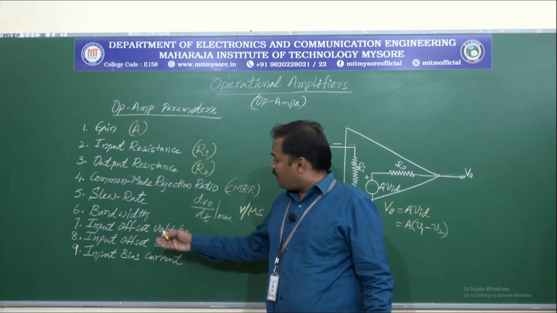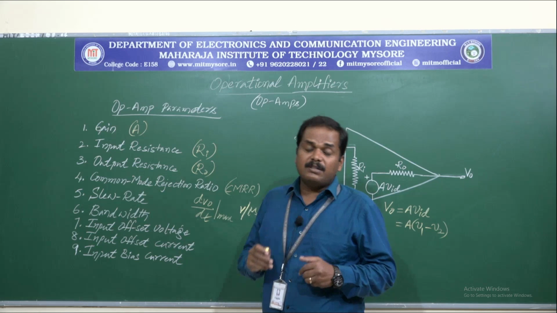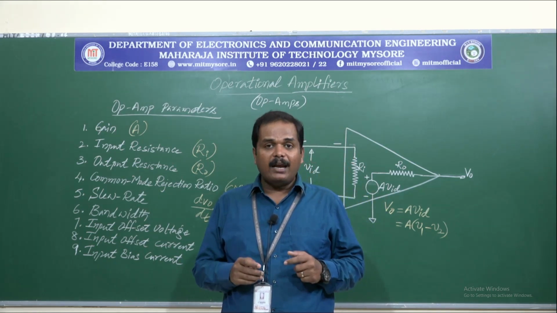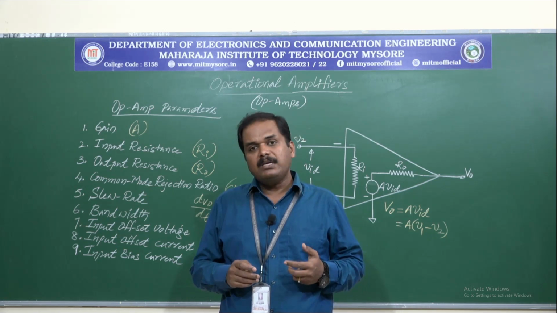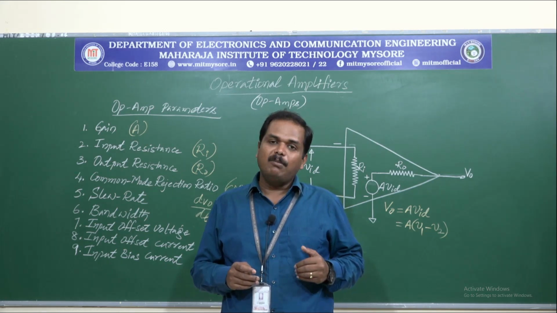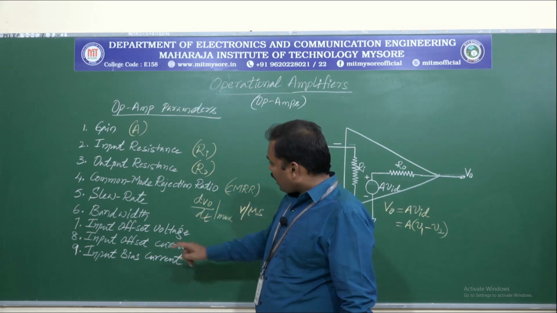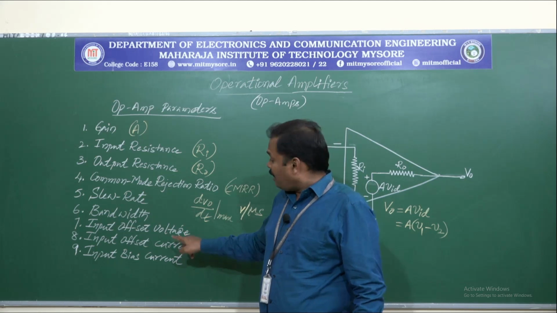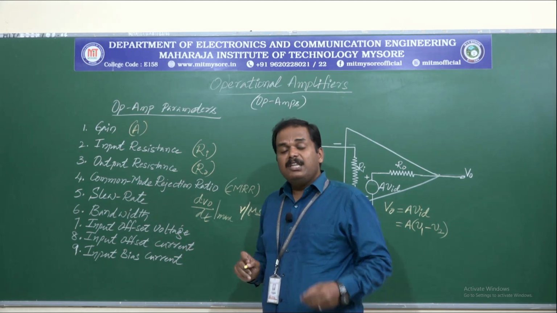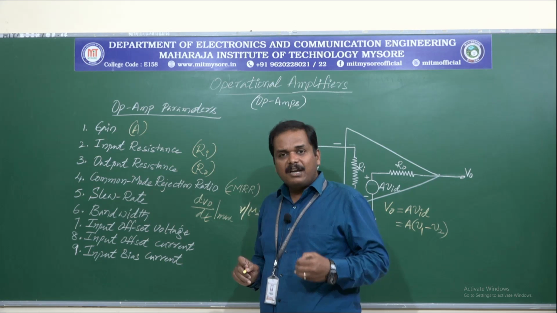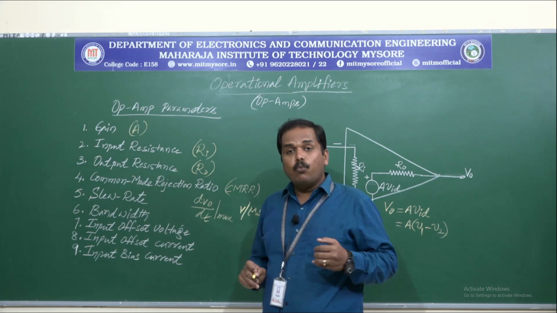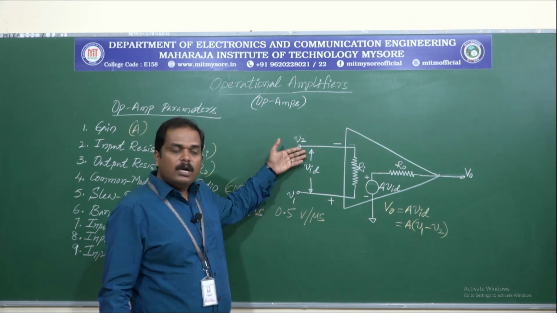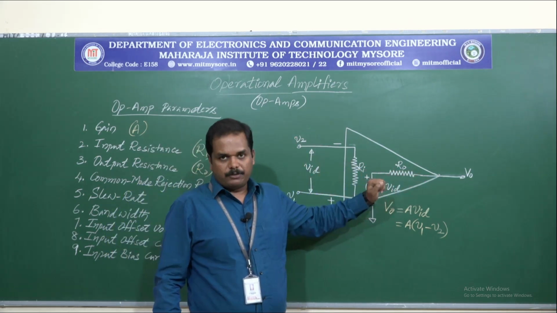And the next parameter is bandwidth, and bandwidth is defined as the difference of two frequencies where the gain of the op amp is equal to 1 or remains constant. And the next parameter is the input offset voltage, and this is defined as the small voltage that is required to apply at any one of the input terminals, either V1 or V2, to nullify the output.